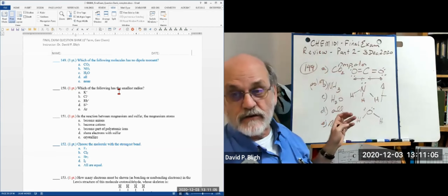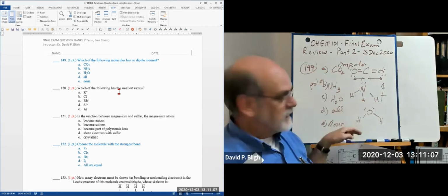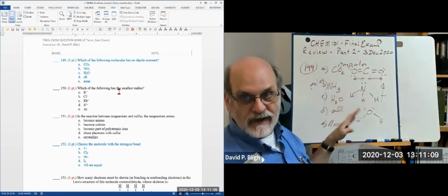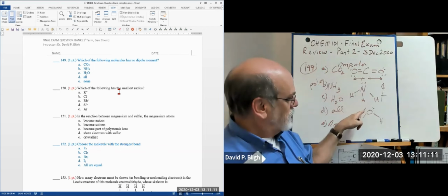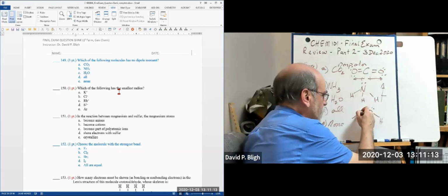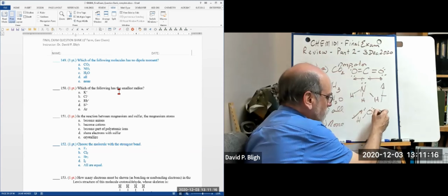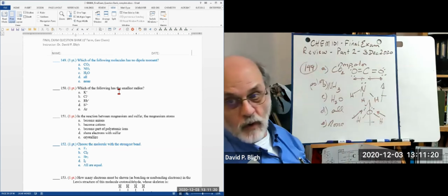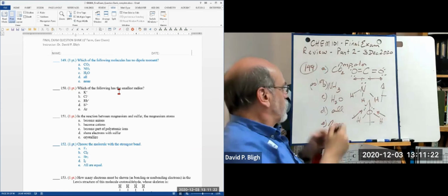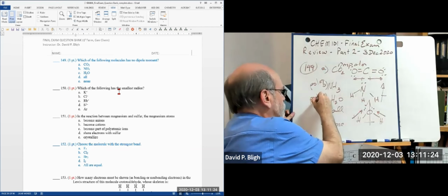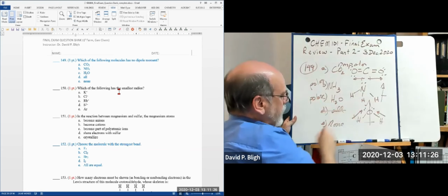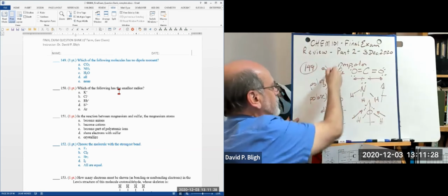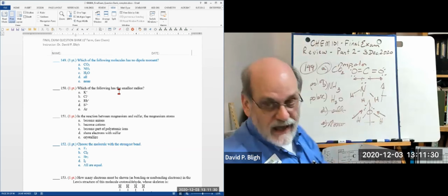It has a tetrahedral electronic structure, but a bent molecular structure. And the dipole moment is this way for that bond, this way for that bond, and overall is that way. So this one is also polar. That means that one can't be right, that one can't be right. A is the answer.